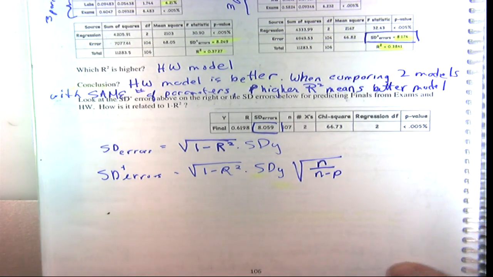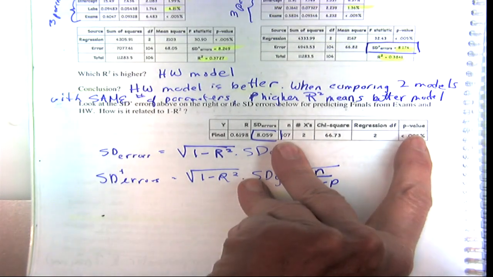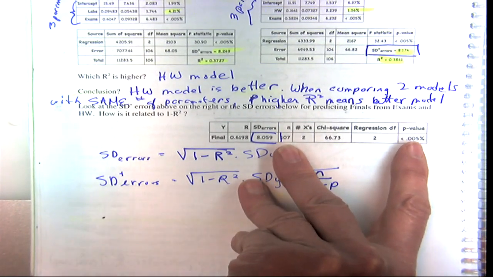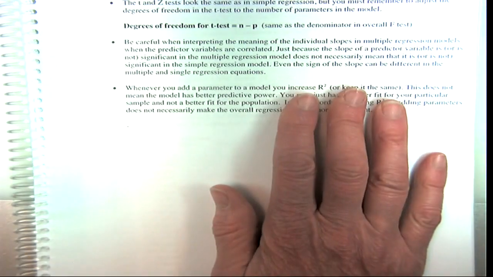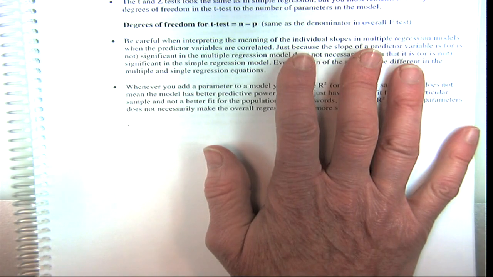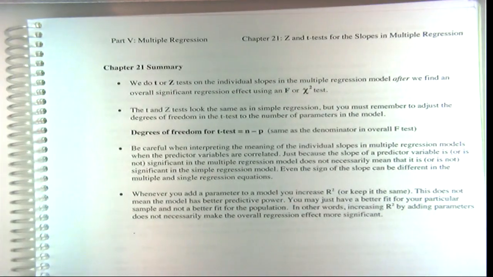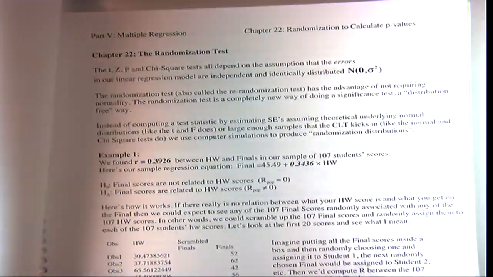We're going to do simulations, randomization simulations, re-randomization simulations. All right, so this is our summary here. I'm jumping ahead because I'm excited about the next chapter. I like the next chapter.